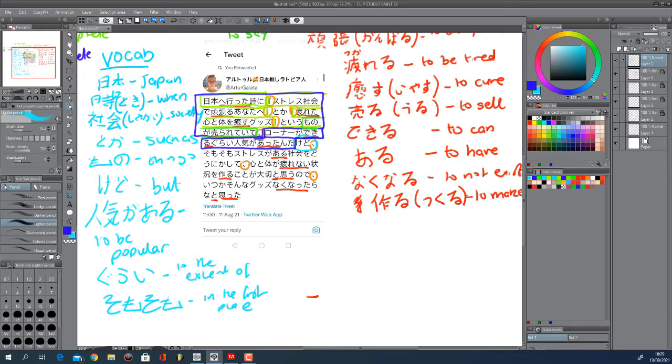Like how we had 日本へ行った時に, that's giving us context. そもそも, in the first place, is giving us context. It's not directly linked to the society. So this そもそも is going to describe the whole of the clause rather than just the 社会, because of the type of word it is.